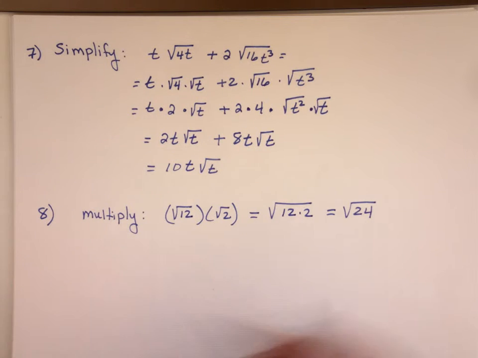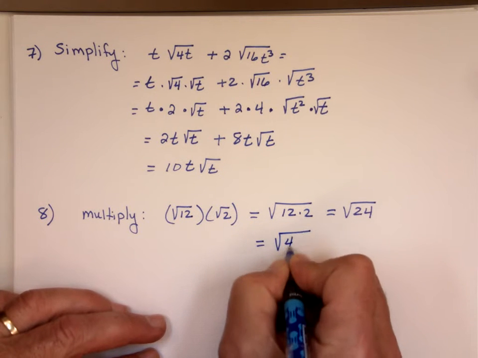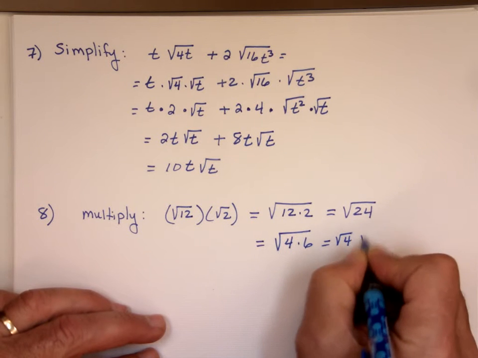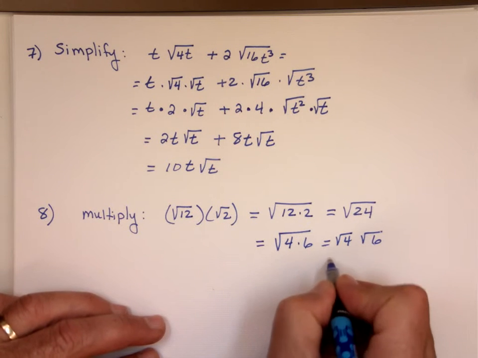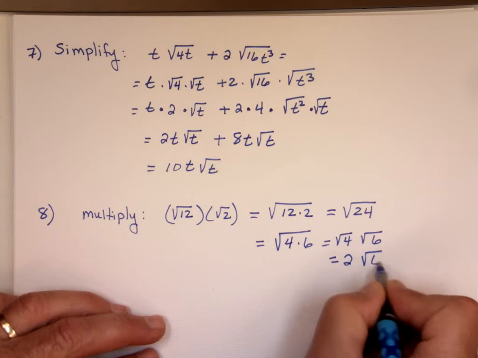So 24, I can break it down to 4 times 6. I chose 4 because I know the answer to it. And what is the square root of 4? We said that's a 2, times the square root of 6.